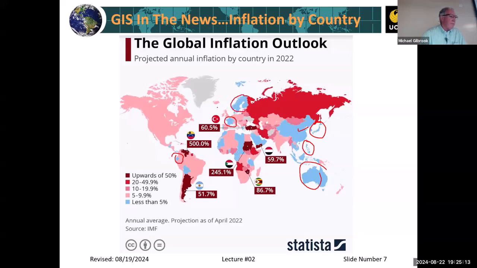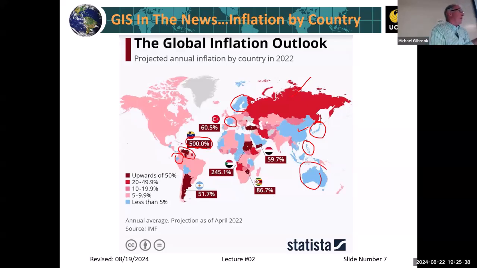Then you've got, at the opposite extreme, places that are doing really poorly. Russia, really, really hugely badly in Venezuela, 500% inflation. That means, like, if you've got $500 on Tuesday, the next day it's worth $1.